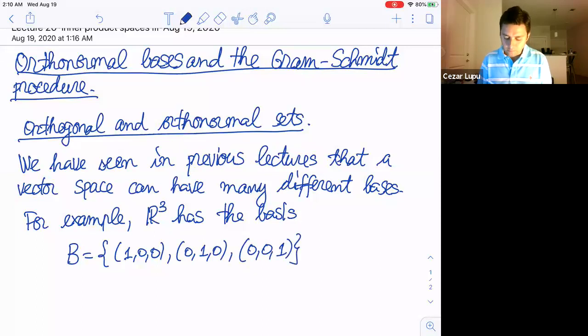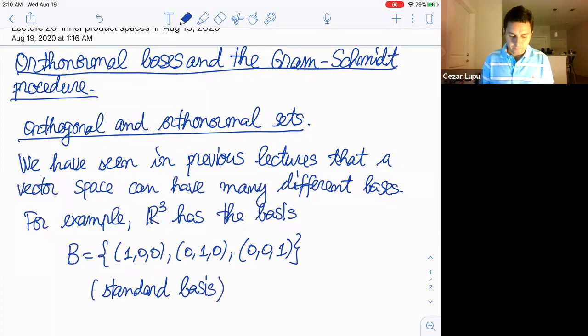Okay. So this is the standard basis for R3.